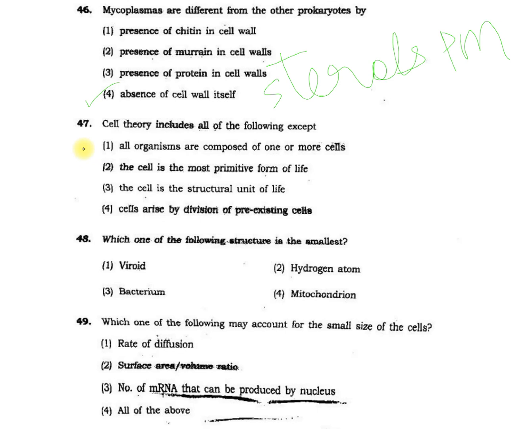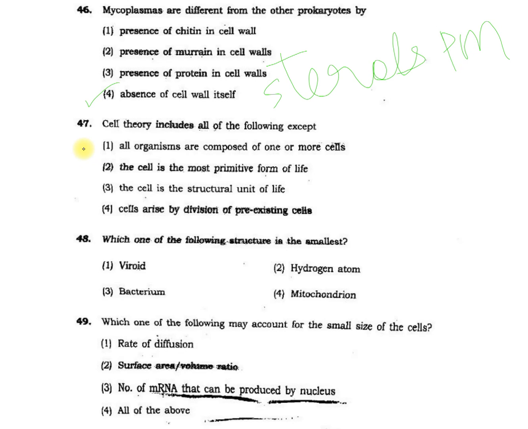Question number 47. Cell theory includes all of the following except 1. All organisms are composed of one or more cells. Question number 2. The cell is the most primitive form of life. Question number 3. The cell is the structural unit of life. Question number 4. Cells arise by the division of pre-existing cells.